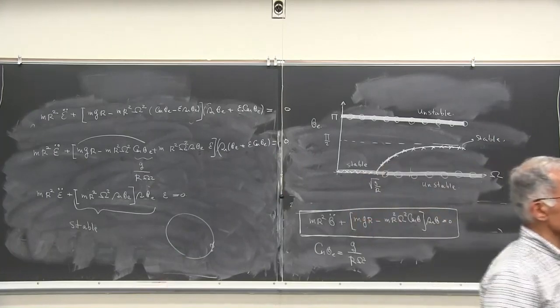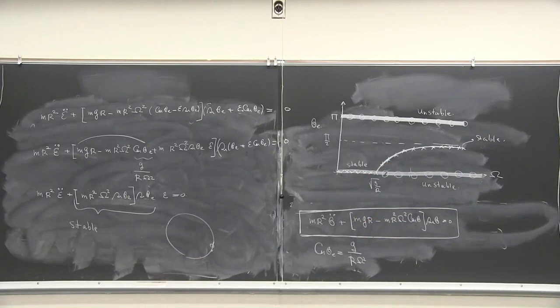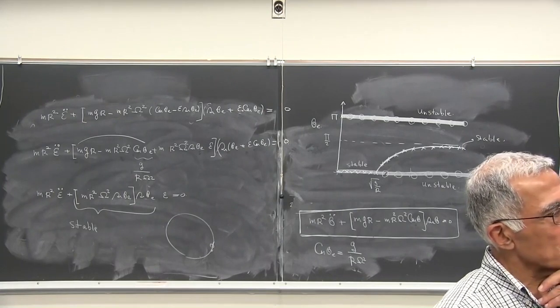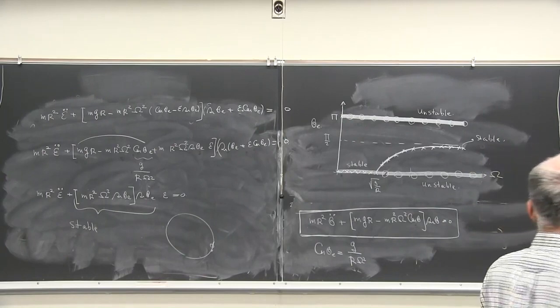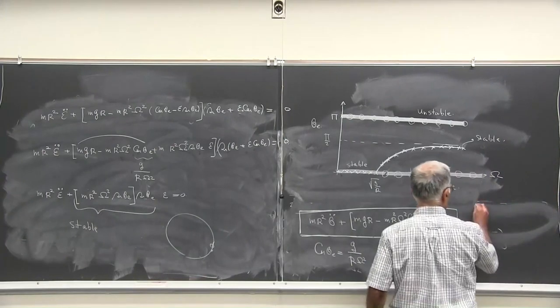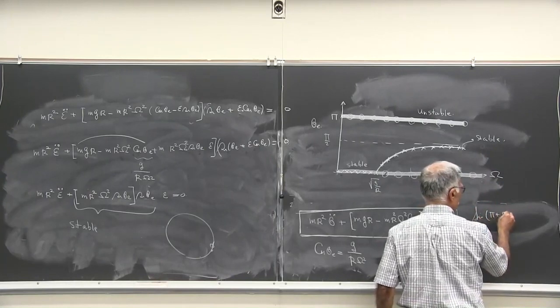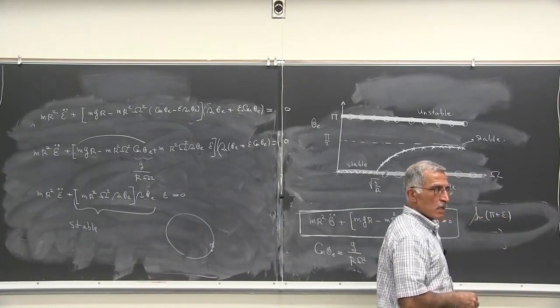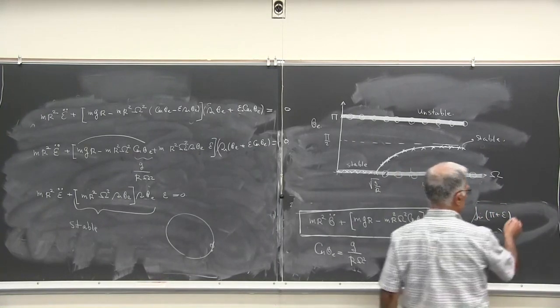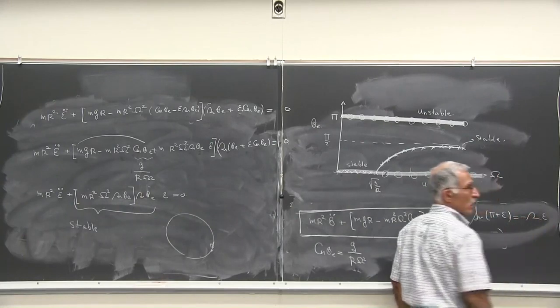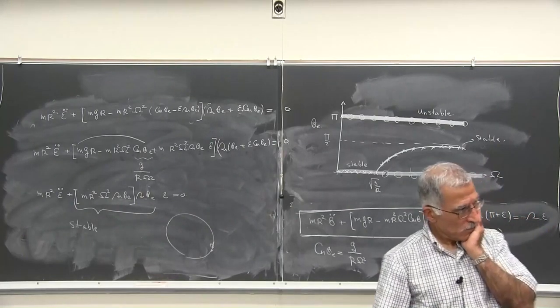Yes, question. When you did the small displacement around theta equals pi, for sine, how did you get sine theta equals minus epsilon? Why is it minus epsilon? Sine of pi plus epsilon becomes minus sine epsilon.